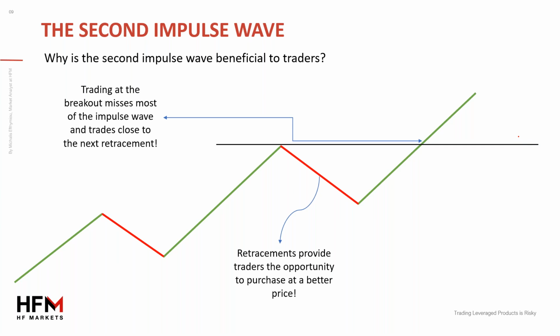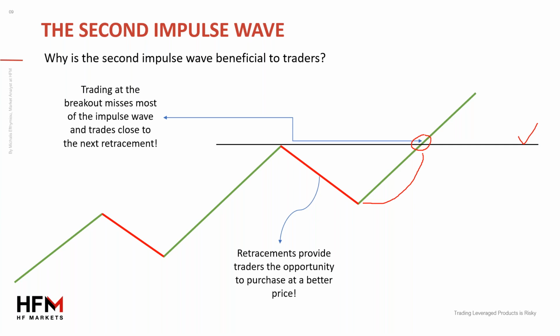So I've drawn a black line here and they will say to you, as the price increases, as soon as it increases above this level here, then potentially open a trade and speculate on the further price movement. This is what a lot of people say. There is a major disadvantage to this. Well, there's actually two major disadvantages. Number one is that you've missed all of this price movement here.